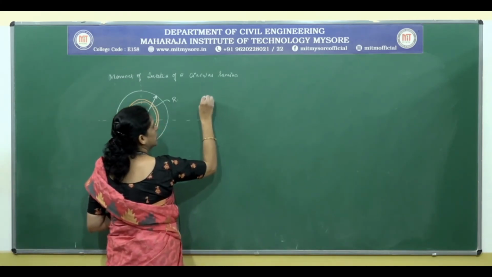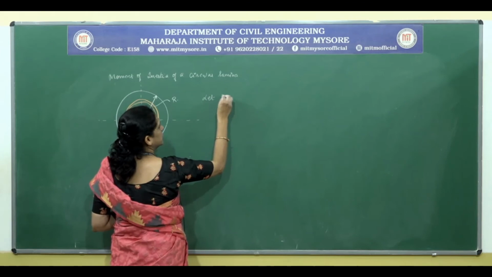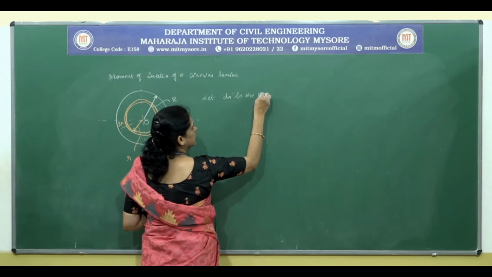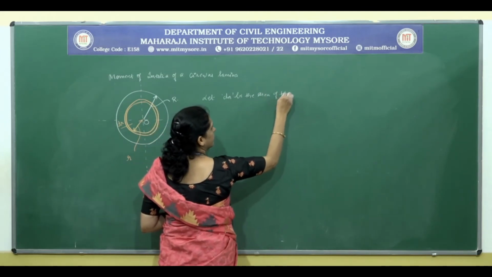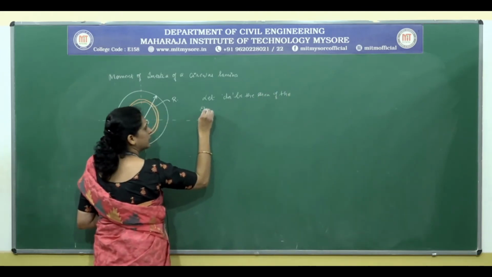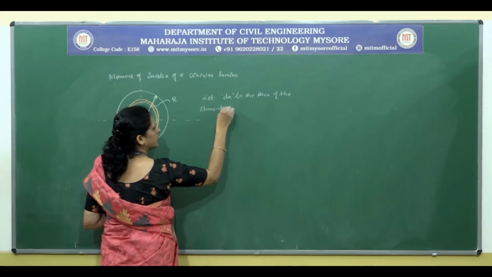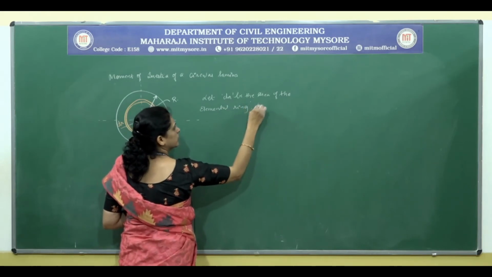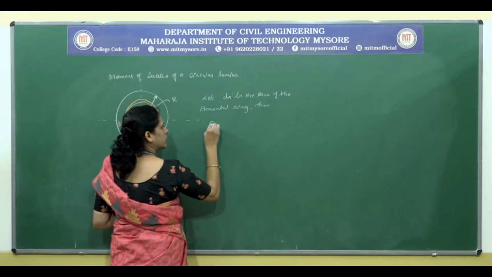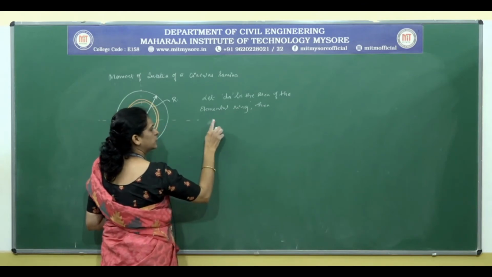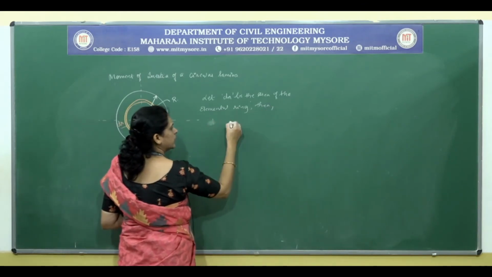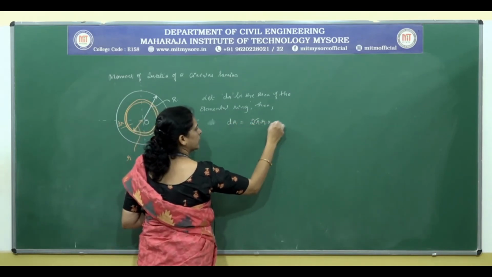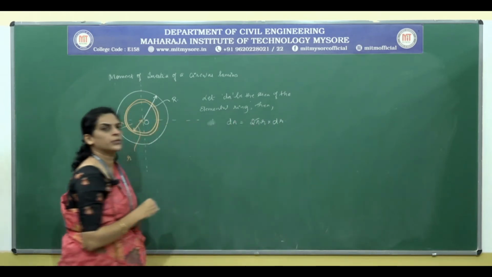So, first of all, let dA be the area of the elemental ring, then dA is equal to 2 pi r into dr.